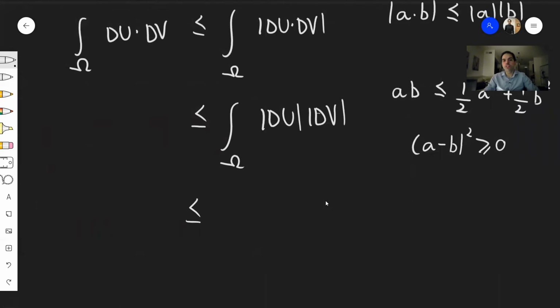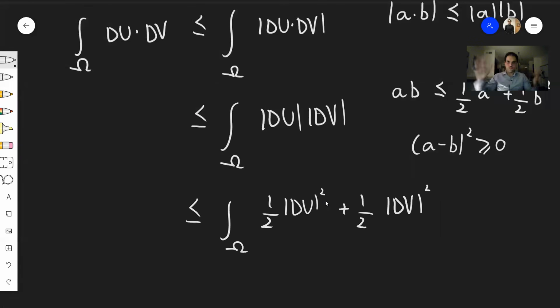So in this problem, what this becomes is the integral of 1/2 |du| squared plus 1/2 |dv| squared. And it's very good if you're dealing with products, because now instead of having du and dv entangled, you can just separate them out.